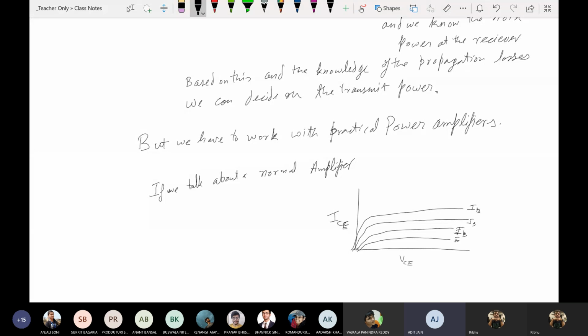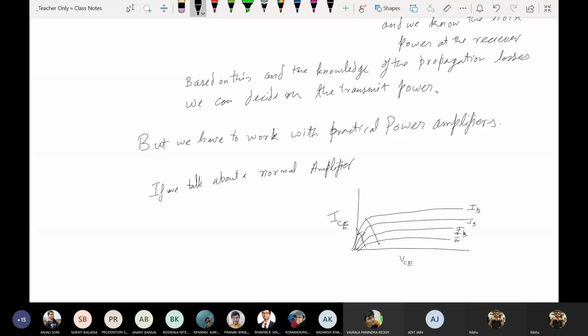If we want the signal intact, it means that we should be operating in this small linear region, because the amplifiers that we work with should all be operating in the linear region, that is, the output is a linear function of the input. That's what we want. So we operate in this small region.